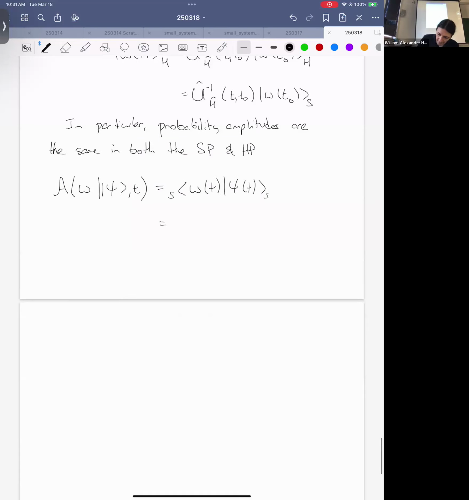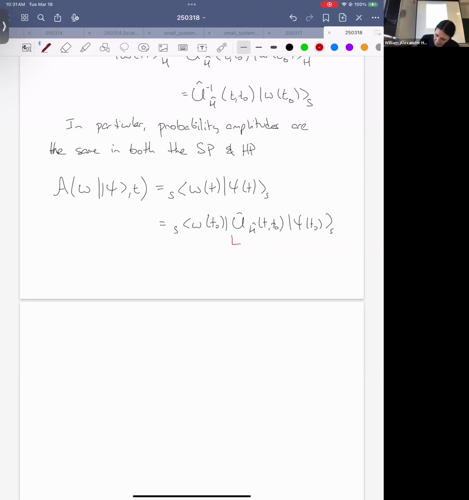And we said that operators don't change with time in the Schrödinger picture. So the eigenket at time t is the eigenket at time t0, but the state at time t in the Schrödinger picture is the time evolution operator acting on the state at time t0 in the Schrödinger picture.